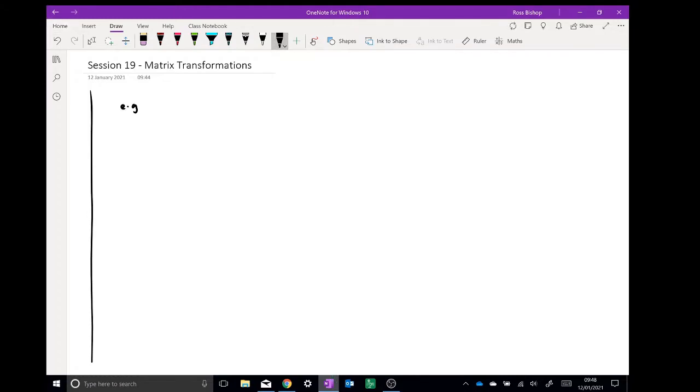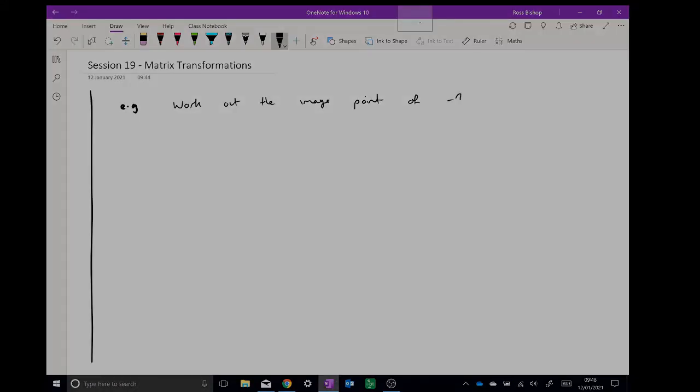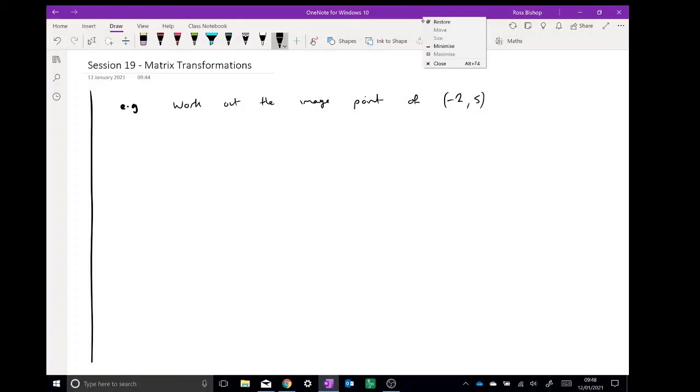For example, work out the image point of (2, 3) for the matrix transformation.